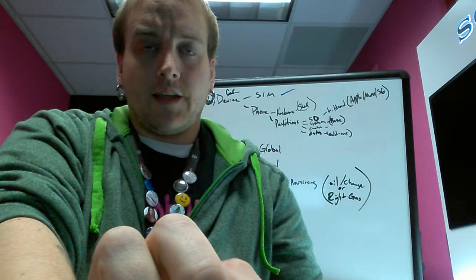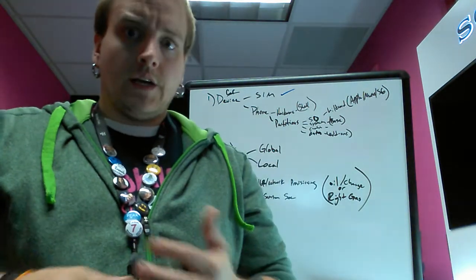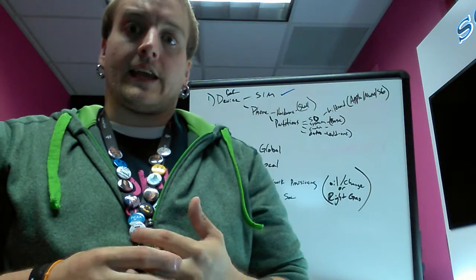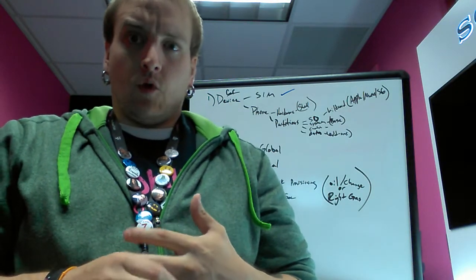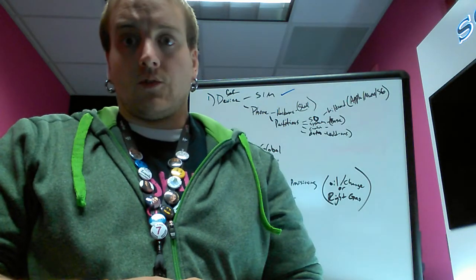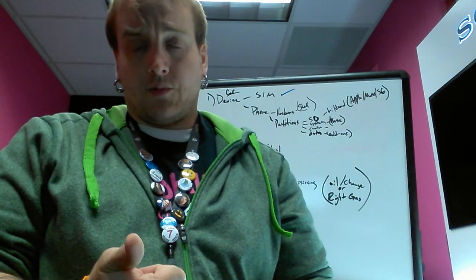So let me bring in a customer issue, and let's talk about what these partitions actually mean for you. So let's say a customer calls in and says, hey, I'm taking a picture and I can't get it to upload to Facebook. Well, what partitions are you actually using within that call? Let's go through it. When you take a picture, you use the default camera, so that's in your system partition.